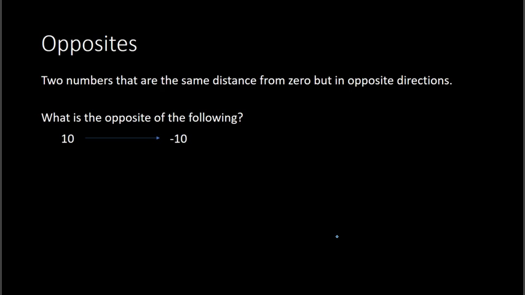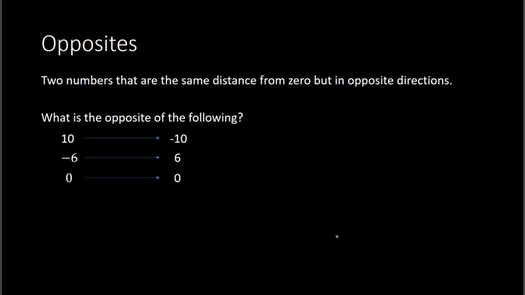You're basically just changing the sign. So if it's positive, it becomes negative, and if it's negative, like negative 6, the opposite would be a positive 6. That's because on the number line, those numbers are the same distance from 0. And the opposite of 0 is simply 0. There's not really an opposite to that.